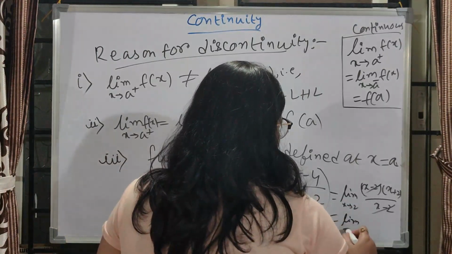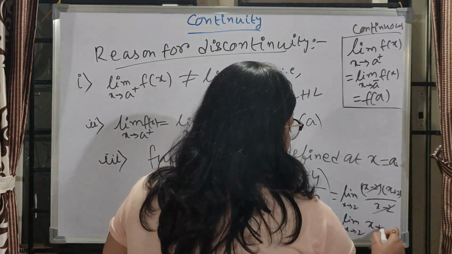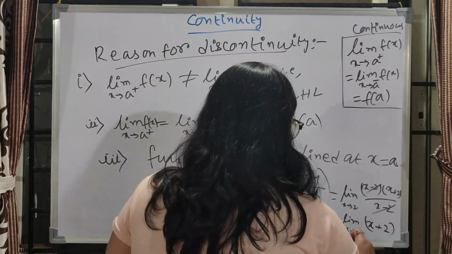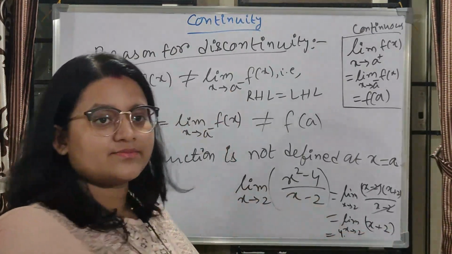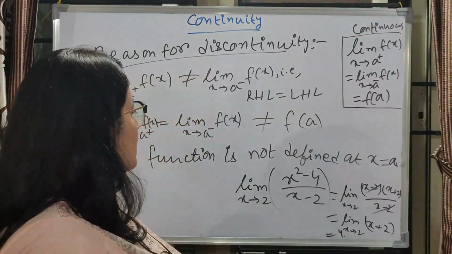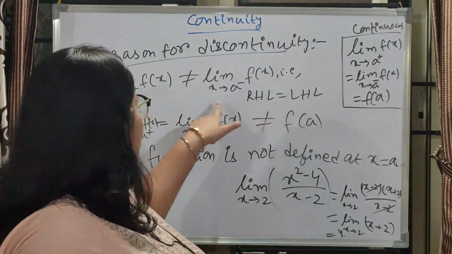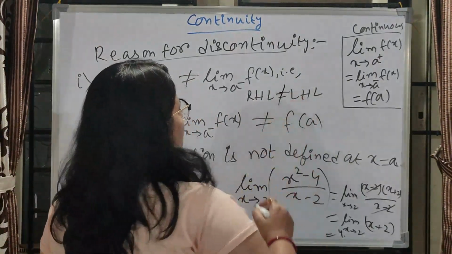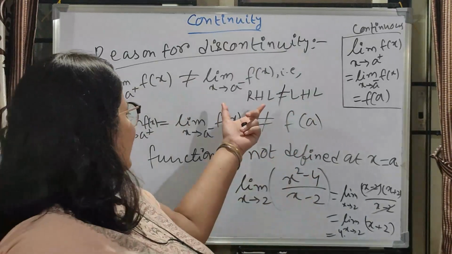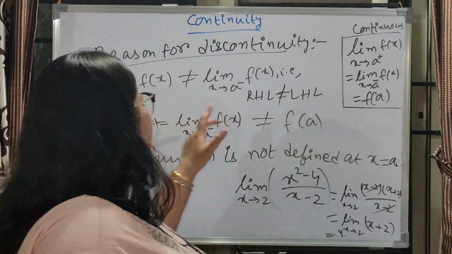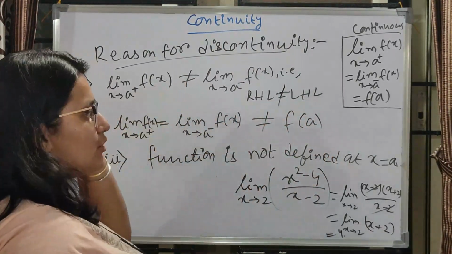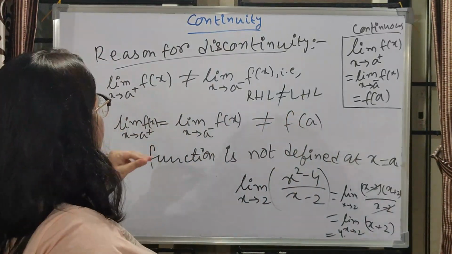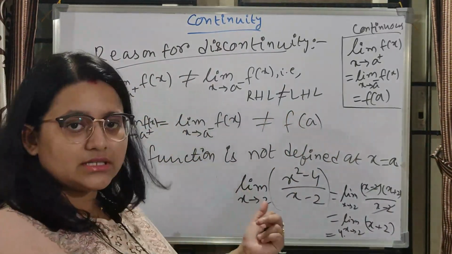Now limit x tends to 2 of x plus 2 is equal to 4. So here RHL is not equal to LHL. Okay, I made a mistake. I hope you guys have understood what the types of discontinuities are.